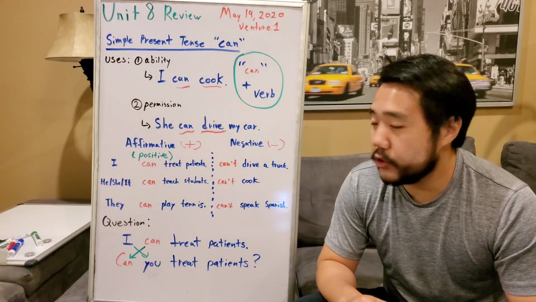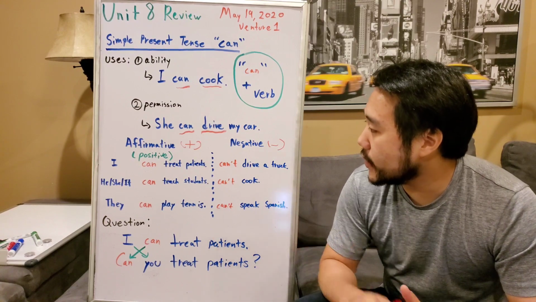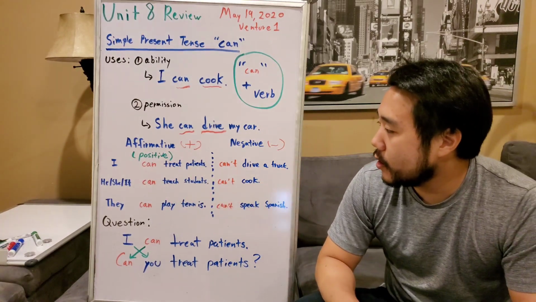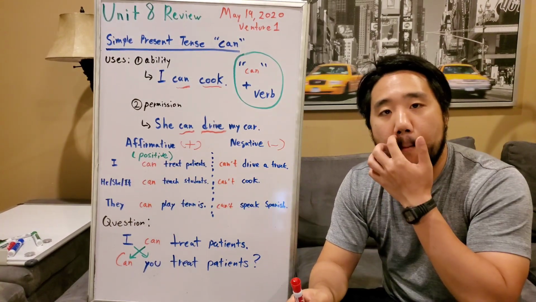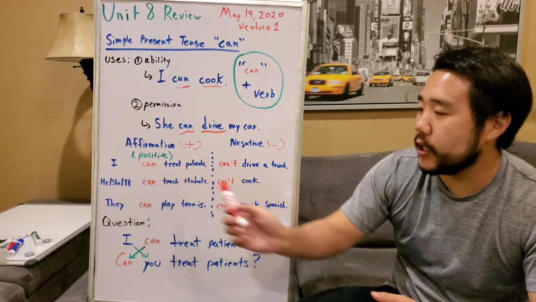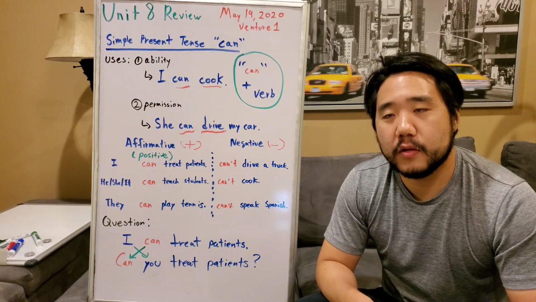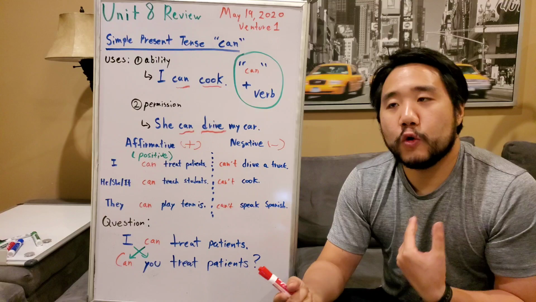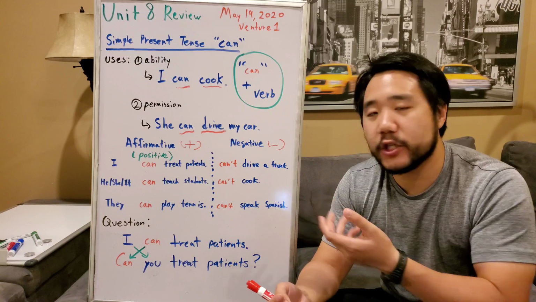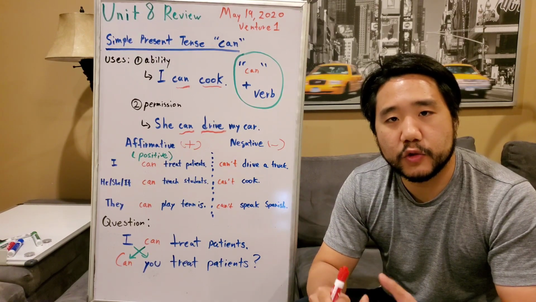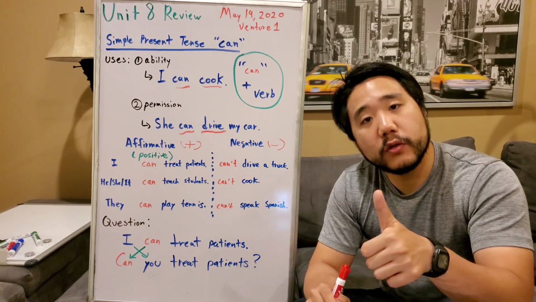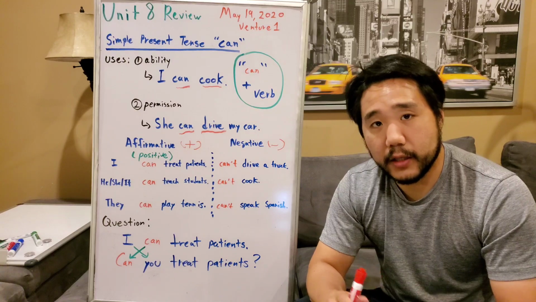Another thing I want you to notice is that here, I can treat patients. Based on this sentence, what's the occupation? We're talking about abilities, right? Who has the skills or abilities to treat patients? If you think about it, it could be a nurse or a doctor.